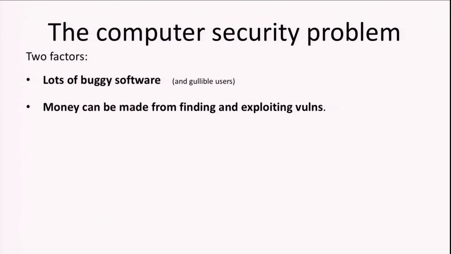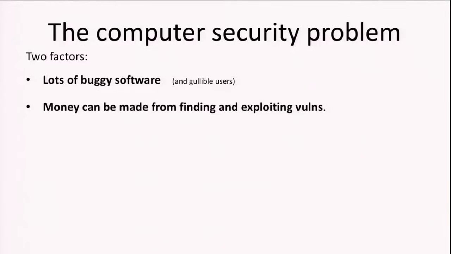And unfortunately, as much software as there is, there are as many bugs, or more bugs, and therefore these bugs can be exploited. And also there are lots of gullible users, and these two are a lethal combination, and therefore a lot of cybersecurity problems have arisen.